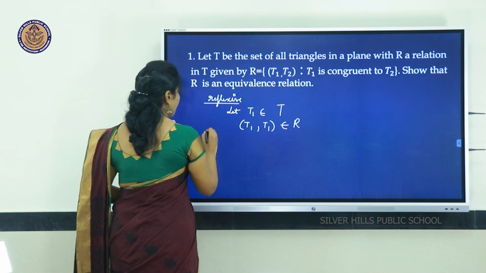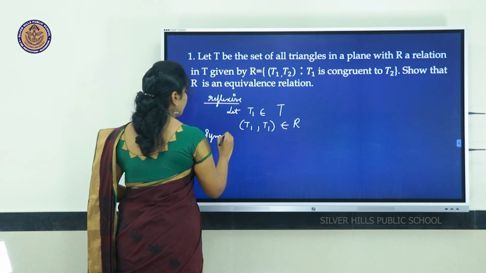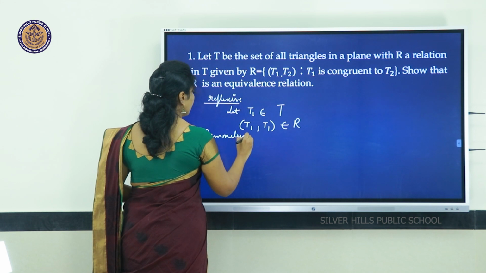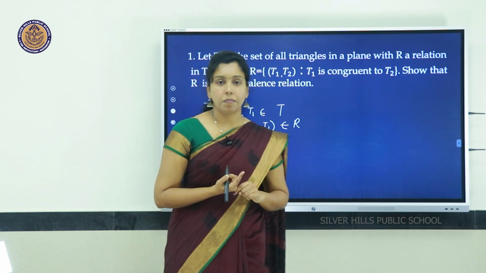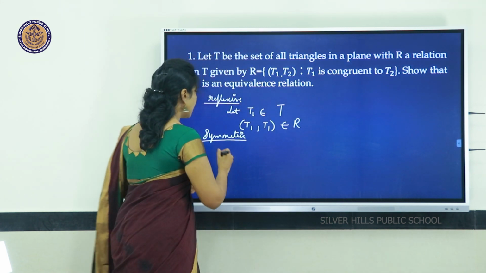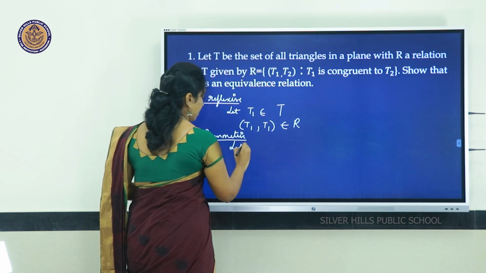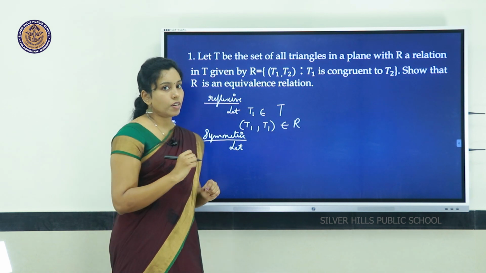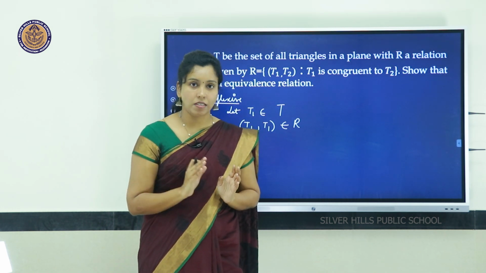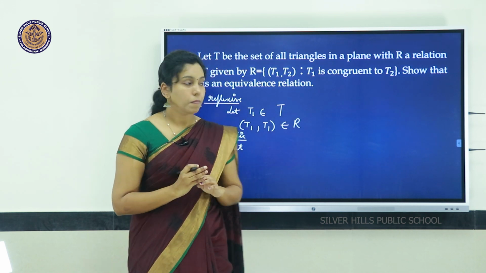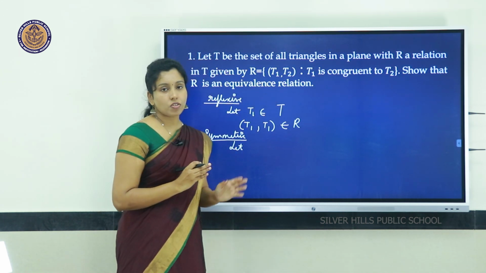Second property is symmetric. When you prove the symmetric property, always consider a pair. In our definition, it was the ordered pair A, B, where A and B are two different elements. Here we are dealing with the set of all triangles.